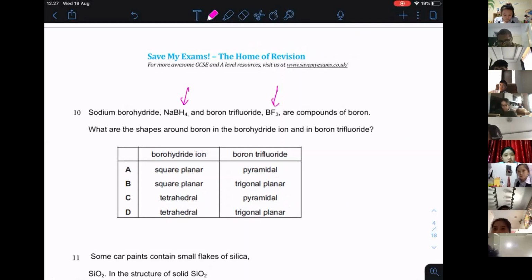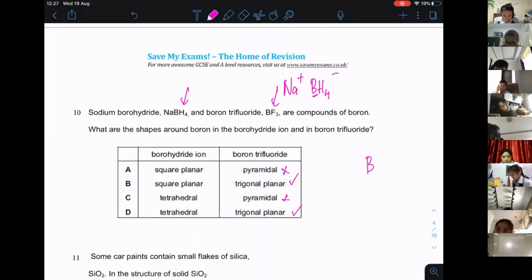BF3, boron is going to be group 3, 13. So BF3 is definitely going to be trigonal planar. And then BH4 is negative, and A is positive. So boron is 3.